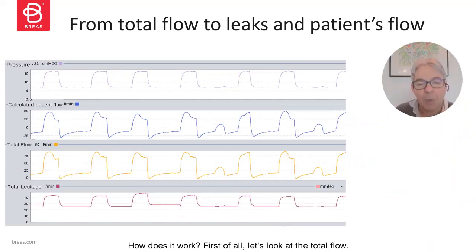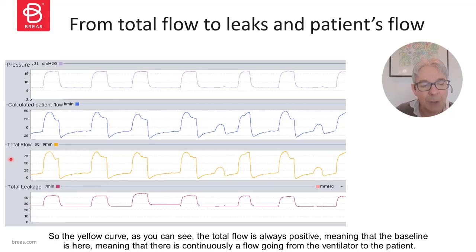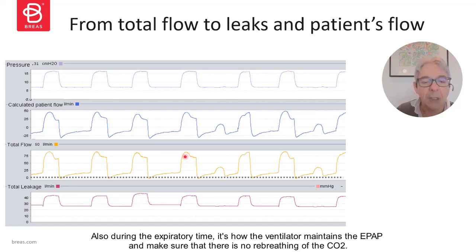So how does it work? First of all, let's look at the total flow, the yellow curve. As you can see, the total flow is always positive, meaning that the baseline is here, meaning that there is continuously a flow going from the ventilator to the patient.